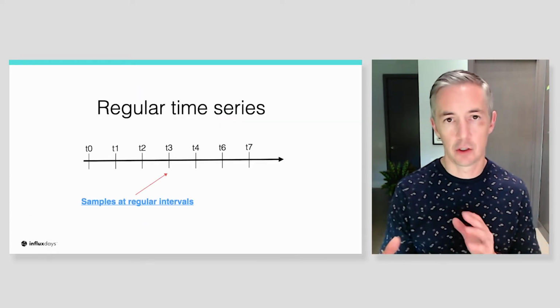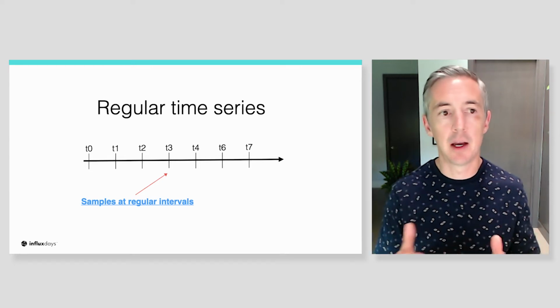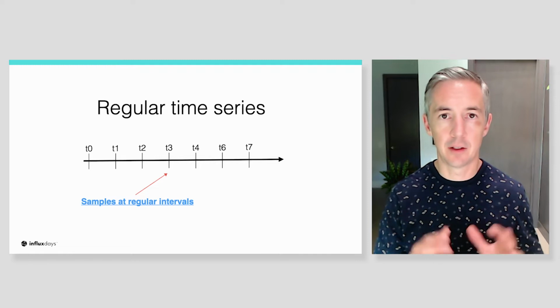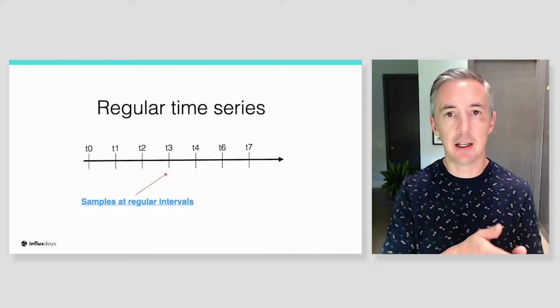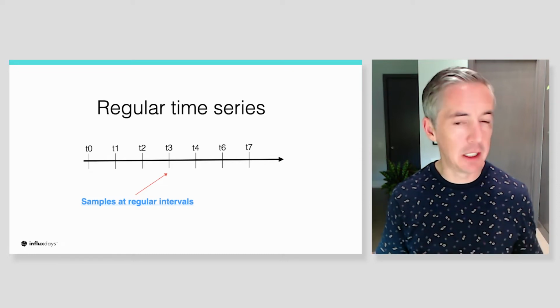So inherent in the structure of both RRD and Graphite is this idea that time series are all regular, all samples taken at fixed intervals. That's kind of limiting when you think about it.